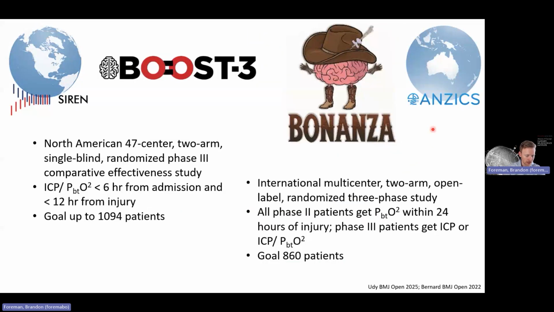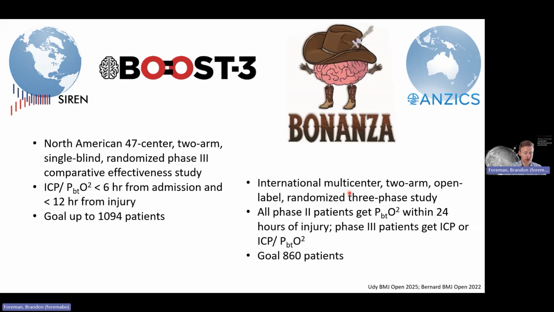Two additional studies are coming down the pike, which I think are really going to be useful because they do vary in their study design. In the North American Boost 3 study, we're comparing early intracranial pressure and pbtO2 monitoring. Everyone gets both monitors. One group is blinded within 12 hours of injury, with nearly 1,000 patients planned. And then the Bonanza study through the New Zealand-Australia group, ANZICS, which is international.